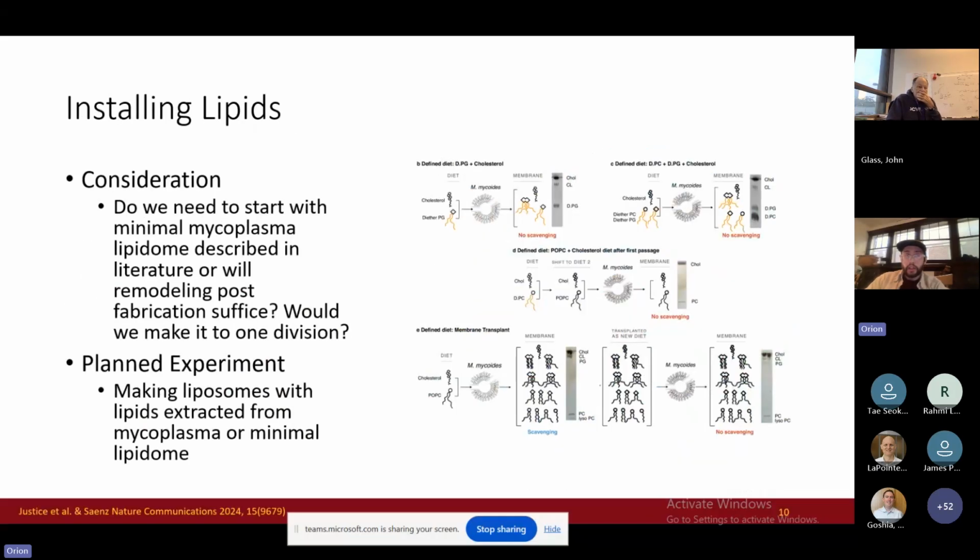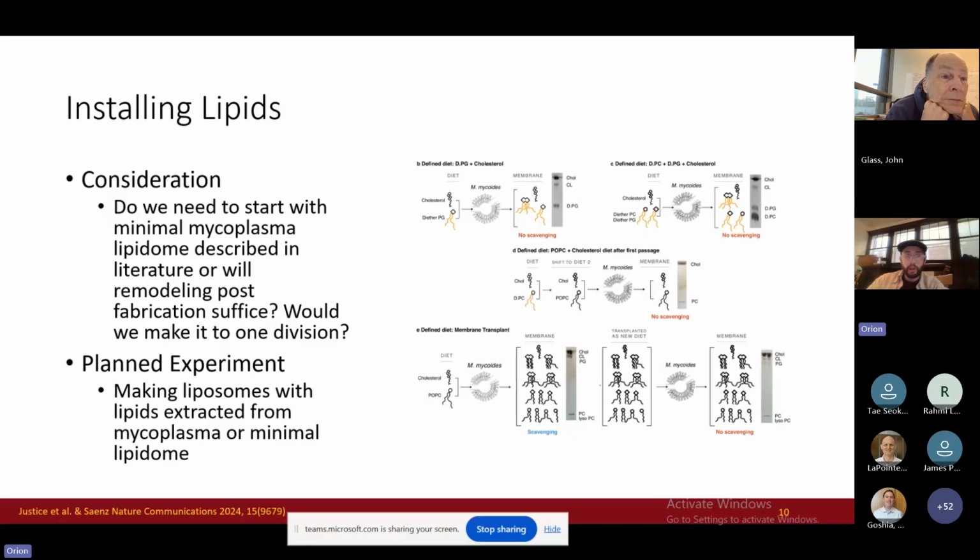Tyler talked a little bit about installing the lipids, but part of our conversation is about, do we need to start with a minimal mycoplasma lipidome, as was published by the Sainz lab, or can we work with a lipid composition that is more suited to liposome formation, with the genome and the requisite membrane proteins installed, in such a way that over time the membrane would be remodeled and this would be okay?